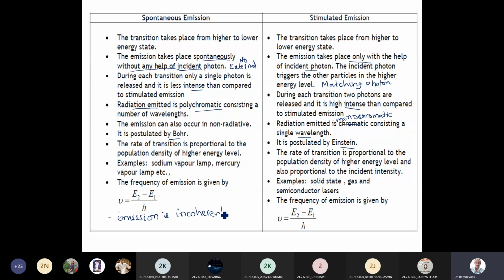That means the spontaneous emission will not give you laser light, but here the emission, whatever you are taking, is coherent. You'll get a coherent beam, meaning we'll get waves that are maintaining a constant or fixed path difference between them. So these are some distinctions between spontaneous and stimulated emissions.